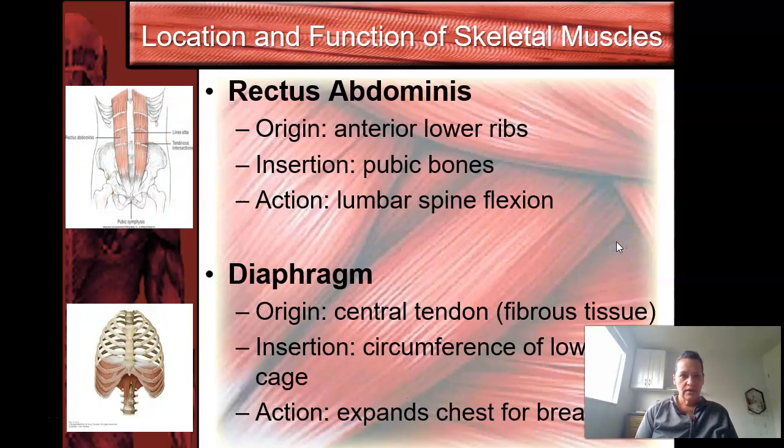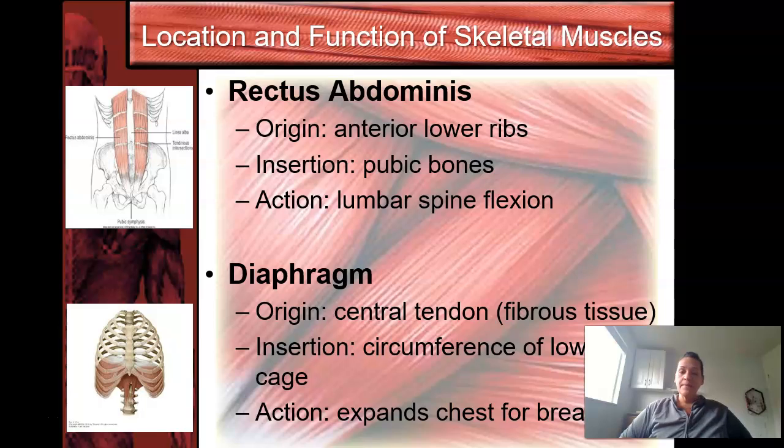The rectus abdominis. The origin is the anterior lower ribs. The insertion is down in the pelvic bones, and the action is a lumbar spine flexion. So your lumbar spine, if you're coming forward, okay, like the ab work, right? So that's a lumbar spine flexion, your rectus abdominis.